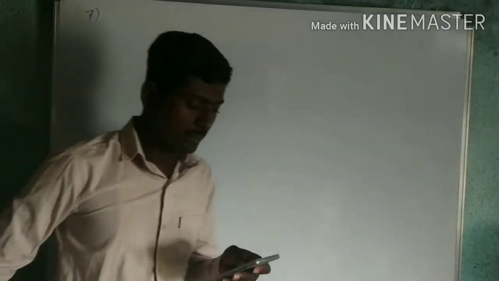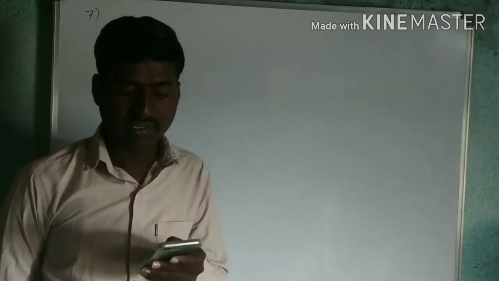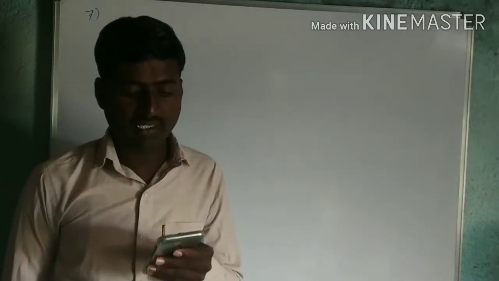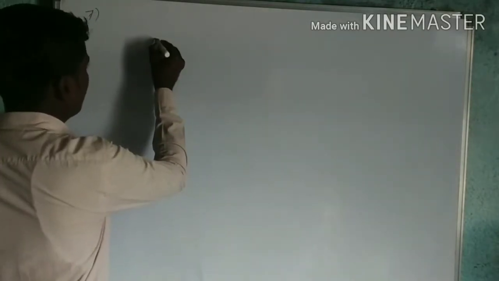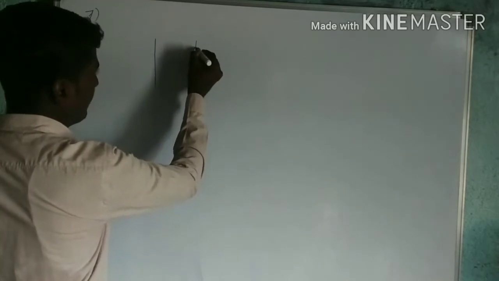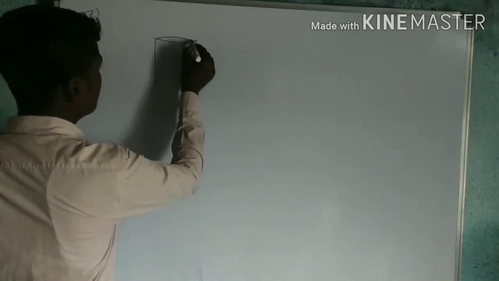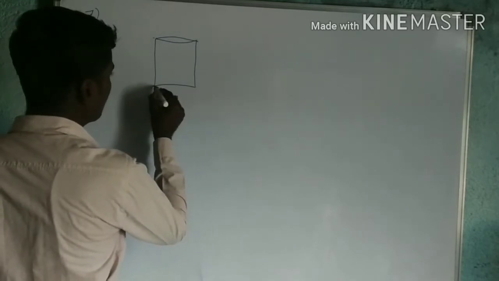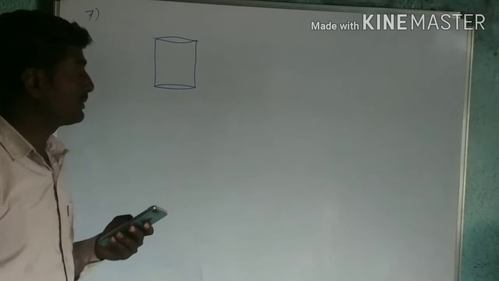A cylindrical bucket 32 centimeter high and with radius of base 18 centimeter. So there was a cylindrical bucket. So let us draw a bucket which is in the form of cylinder. So this is what? Cylindrical bucket. So dimensions of this bucket is given. 32 centimeter high.